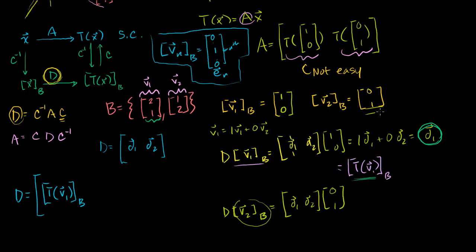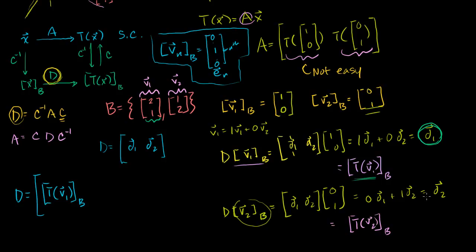So this is going to be equal to 0 times D1 plus 1 times D2, which is equal to D2. And what is that going to be equal to? If you multiply D times some B coordinate representation of x, you're going to get the B coordinate representation of the transformation of x. So this is going to be equal to the B coordinate representation of the transformation of v2.